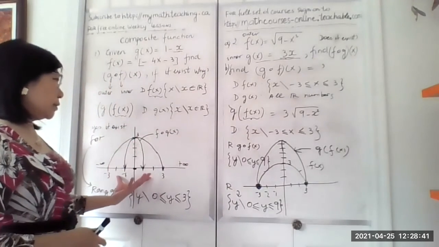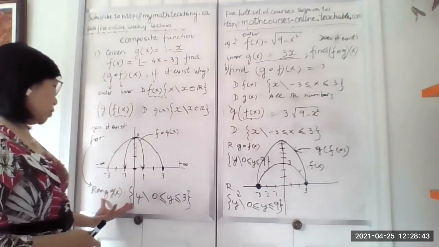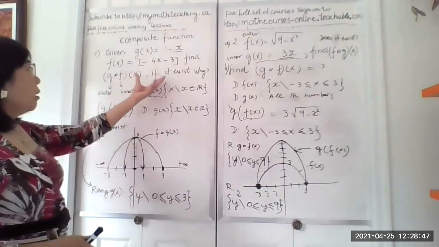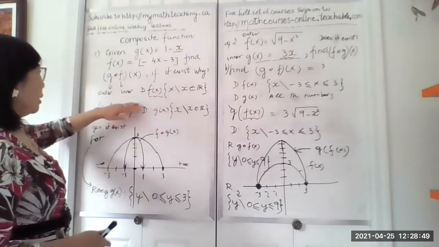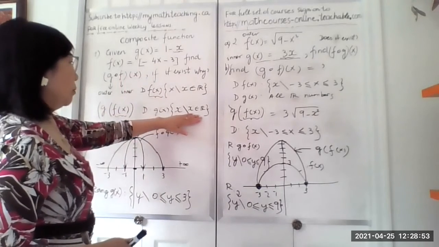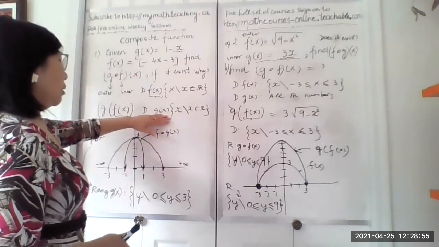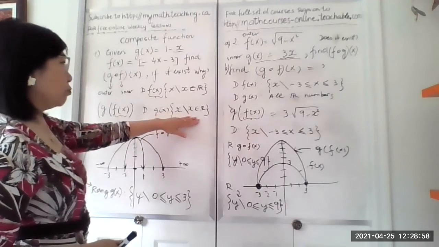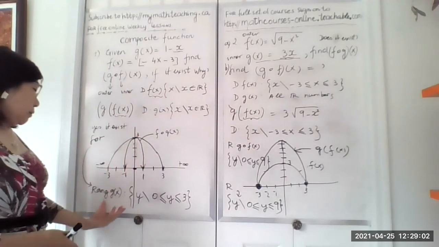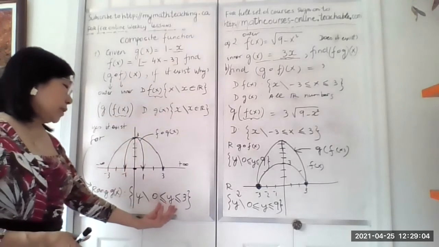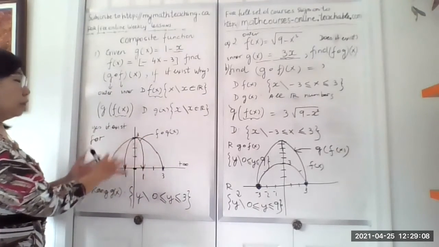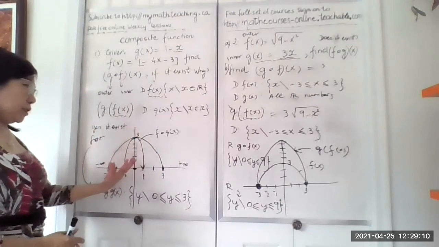This one only exists if we restrict the range of g of x instead of on real numbers. The domain of g of x before is on real numbers, and the range is on real numbers as well. But now we have to restrict the range of g of x to 0 less than y less than equal 3, if we want to find the composite function of this.